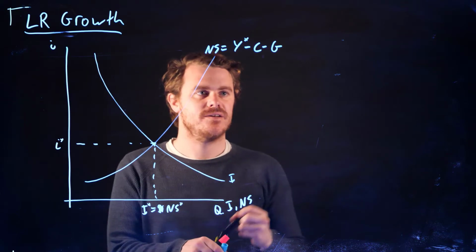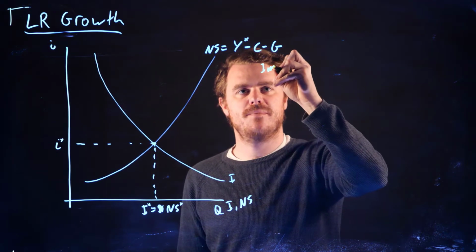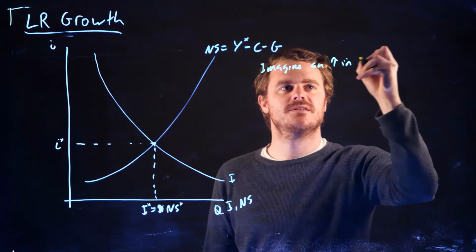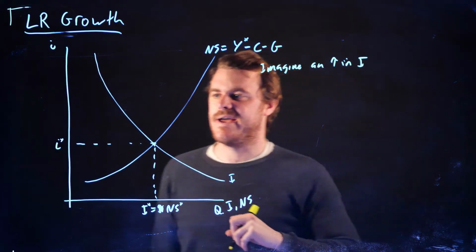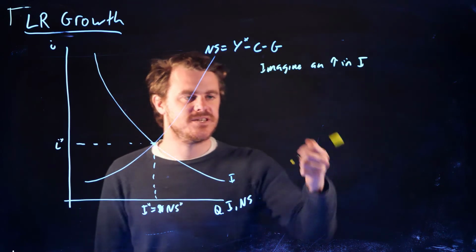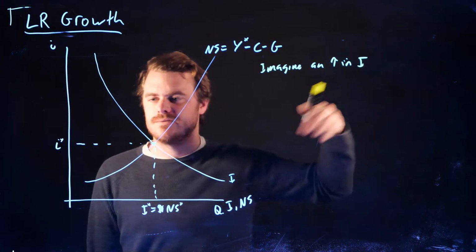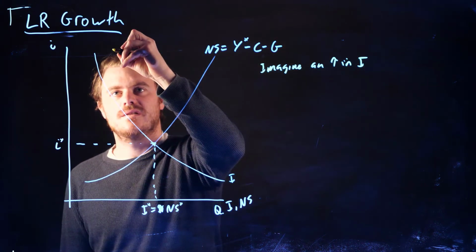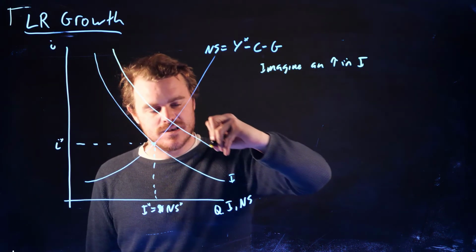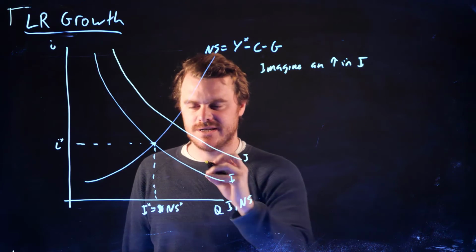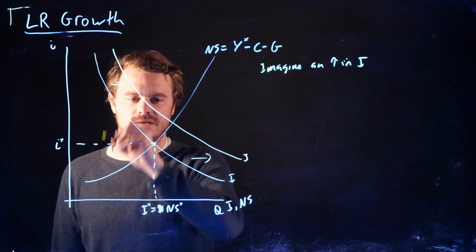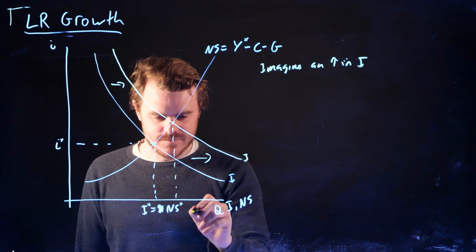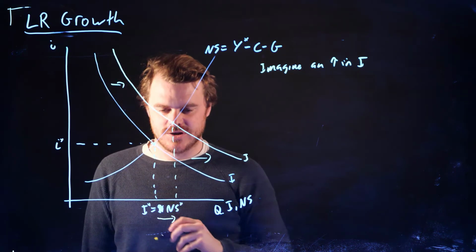And let's say, imagine an increase in desired level of investment. This could be due to a tax break or whatever. And so all of a sudden, this investment curve is going to shift to the right, which is going to shift our equilibrium to the right.